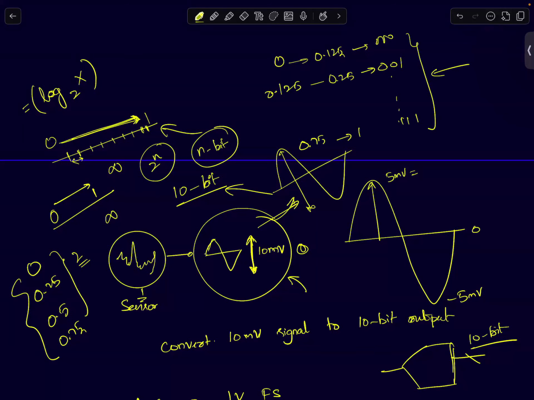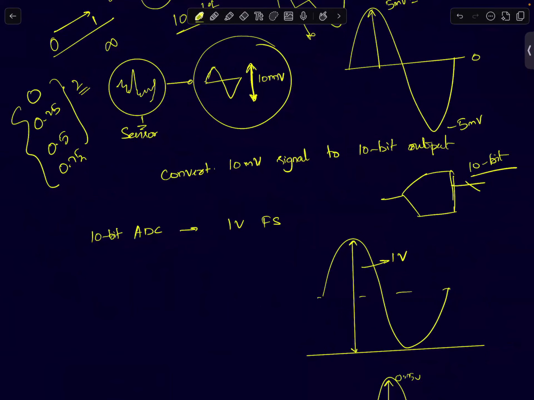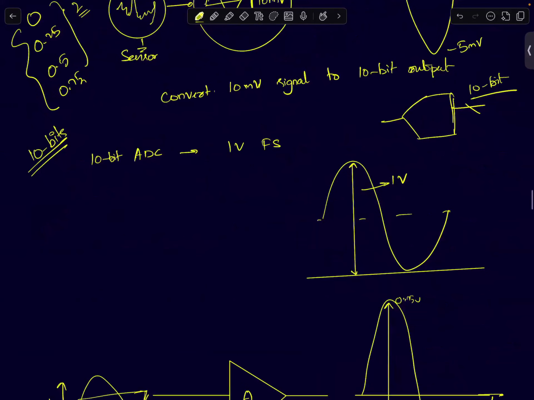So I'm saying that the designer wants to convert this 10 millivolt signal to a 10-bit representation, meaning his input varies from minus 5 millivolts to plus 5 millivolts.